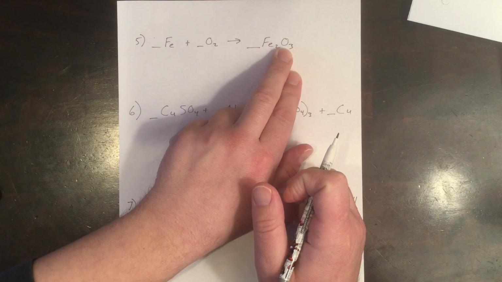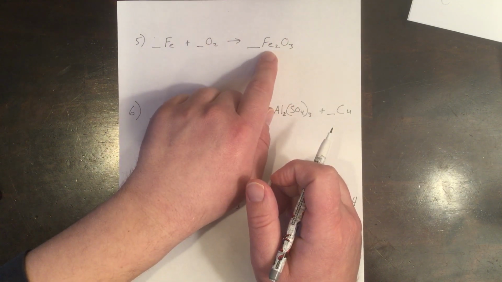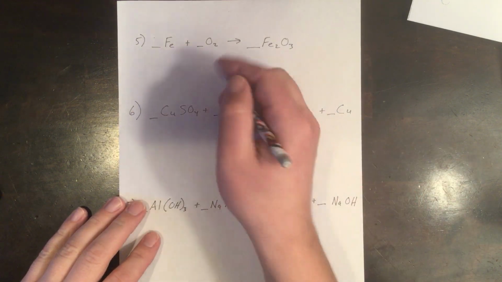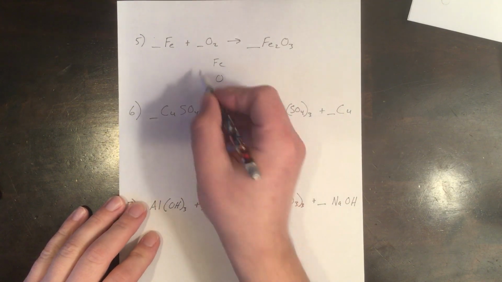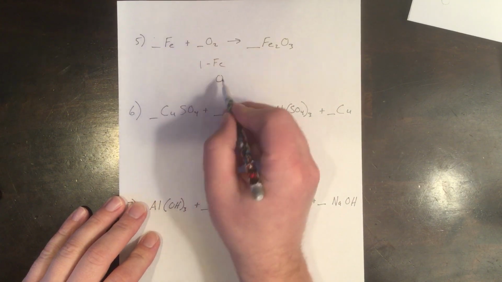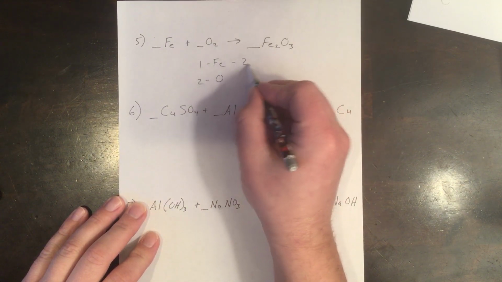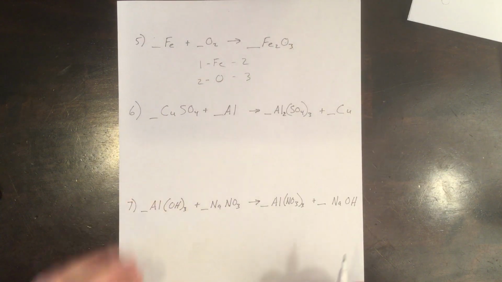Yeah, iron 3 oxide. I know that's weird, but this iron's a 3+ ion. Anyway, goes back to our naming compounds. So we have Fe and we have O. On the left-hand side, we have 1 iron and 2 oxygens. On the right-hand side, we have 2 irons and 3 oxygens.